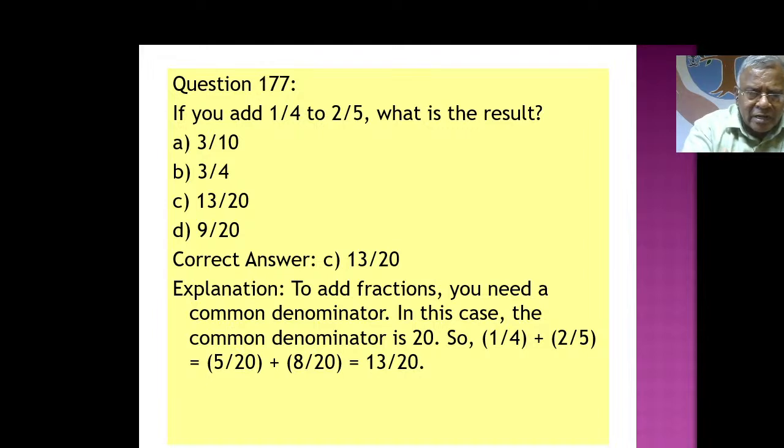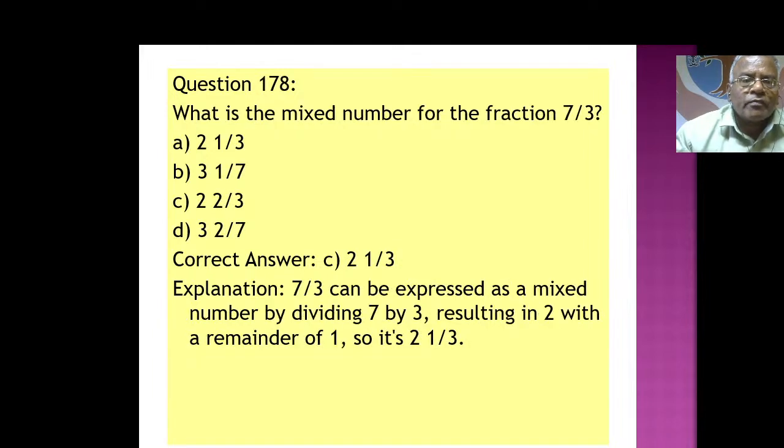That is 5 by 20 plus 8 by 20. Finally, adding the numerators, 5 plus 8 is 13, denominator 20. So 13 by 20 is the right answer. Of course, you can solve it on rough paper and then find out.